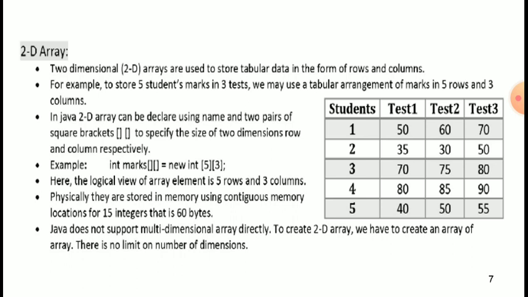Here the logical view of the array is 5 rows and 3 columns. Physically, they are stored in memory using contiguous memory locations for 15 integers, that is 60 bytes. 15 integers, that means 5 times 3.